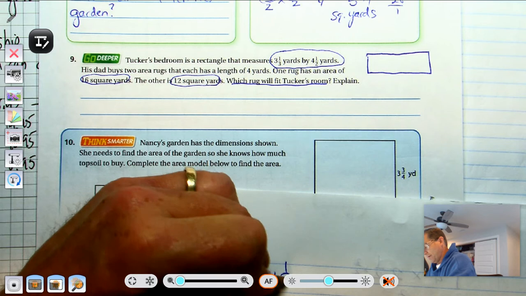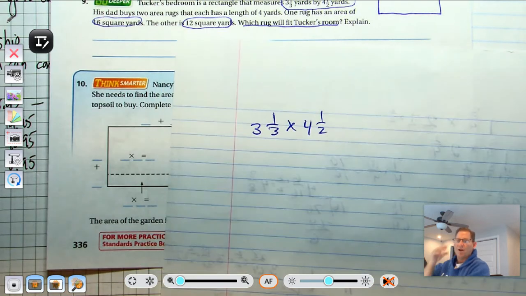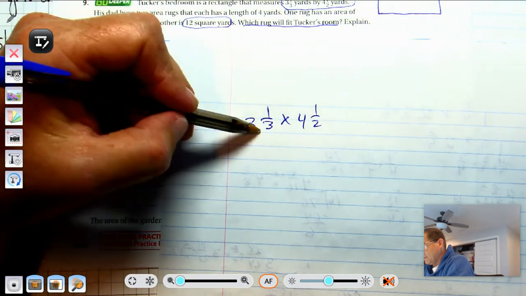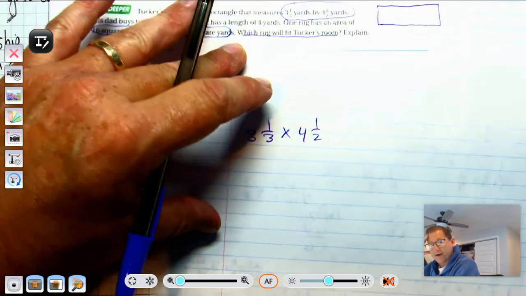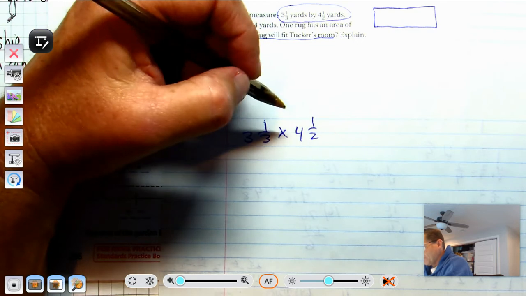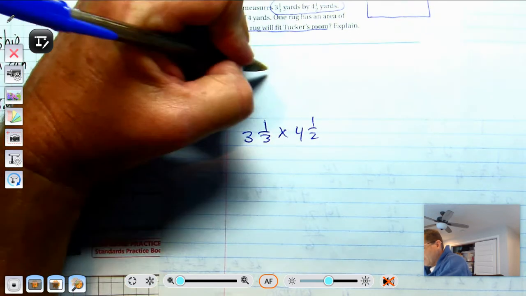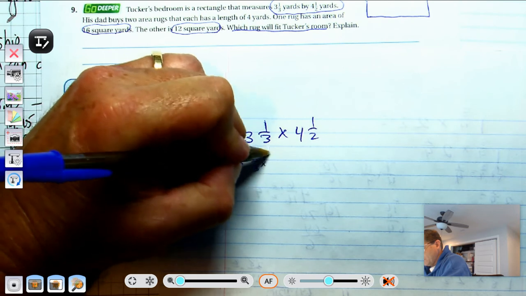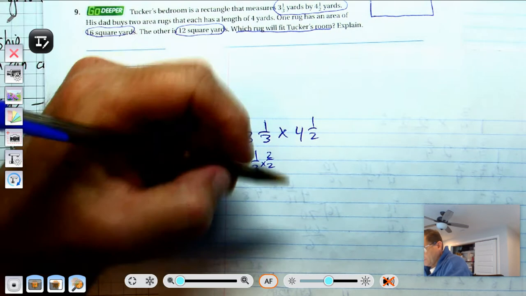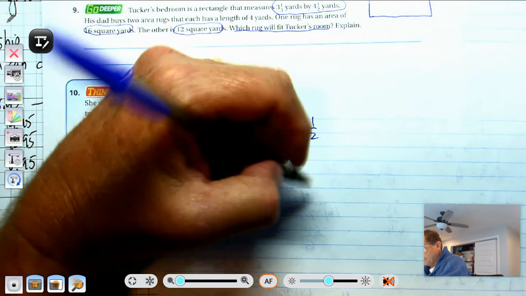times 4.5. Well, I want to go ahead and make the denominators the same just to make it easier for finding the area. And so 2 and 3, well, that can become 6, right? So I'm going to multiply 1/3 by 2 over 2, and that's going to give me 3 and 2/6.